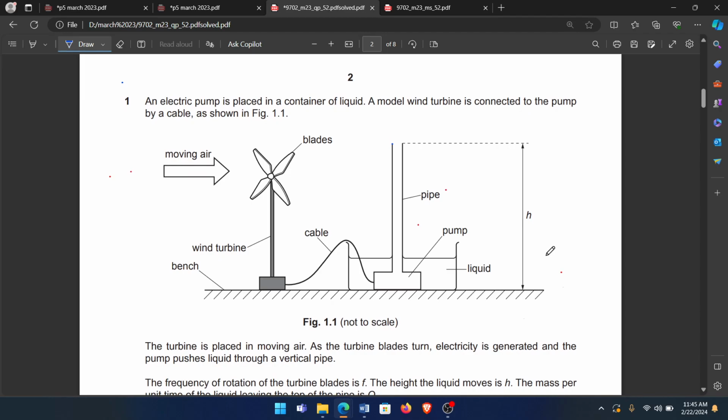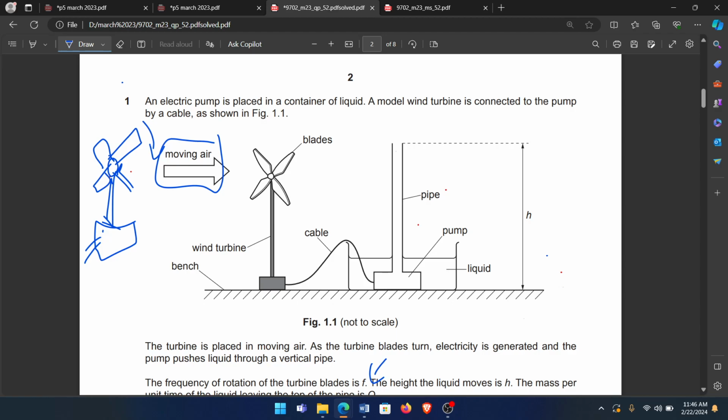Definitely you cannot directly change the liquid flow through the pipe. But you can change the speed of the moving air. If you place a fan here and change the speed of rotation of the fan blade by using a variable supply, then F will be changed.